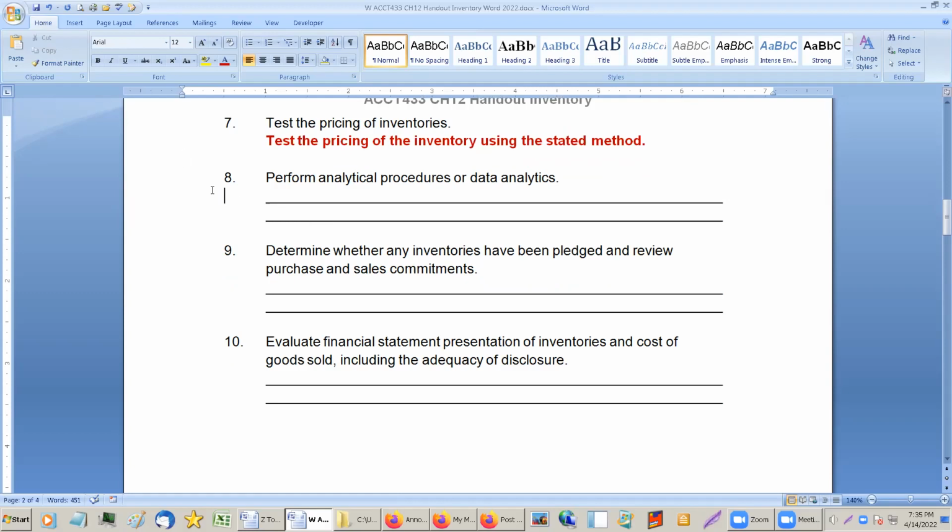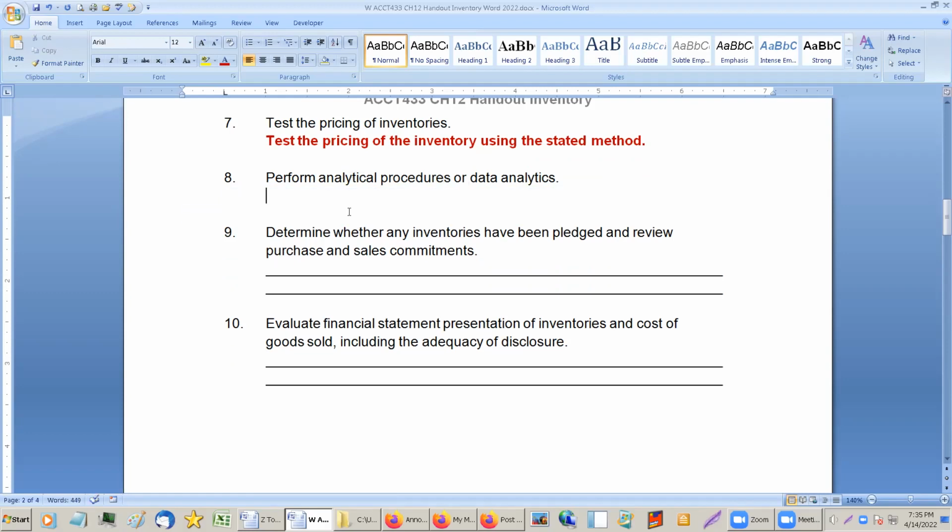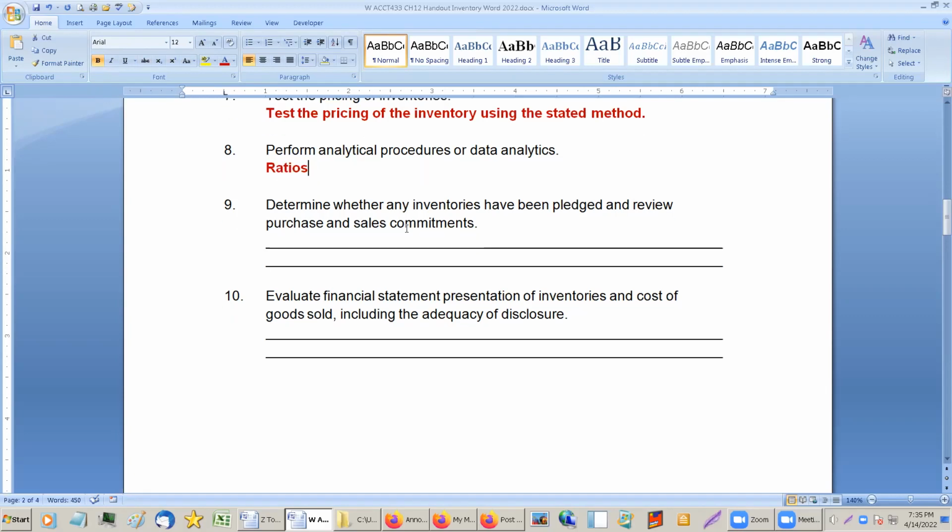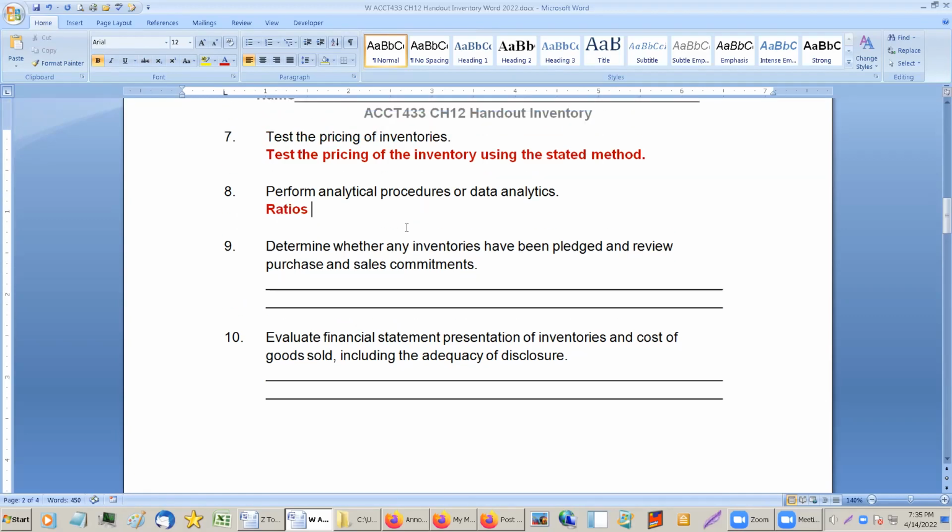Perform analytical procedures. This is one of those things where you're going to talk about ratios. They tell you things like turnover.